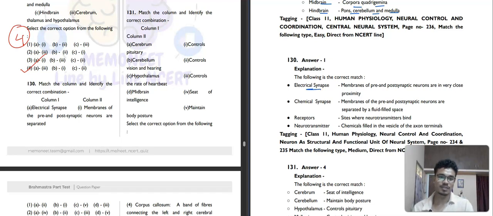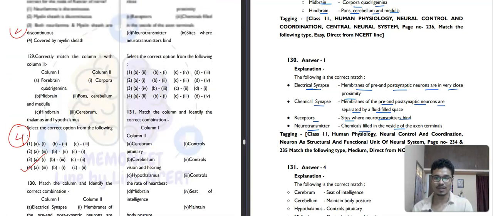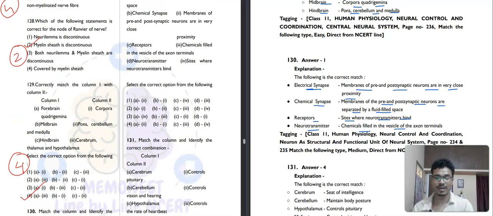In an electrical synapse, the membranes of pre- and postsynaptic neurons are very close in proximity. In a chemical synapse, the membranes are separated by a fluid-filled space. Receptor sites bind the neurotransmitter, a chemical held in the vesicles of the axon terminal. So our correct answer will be option number 1.